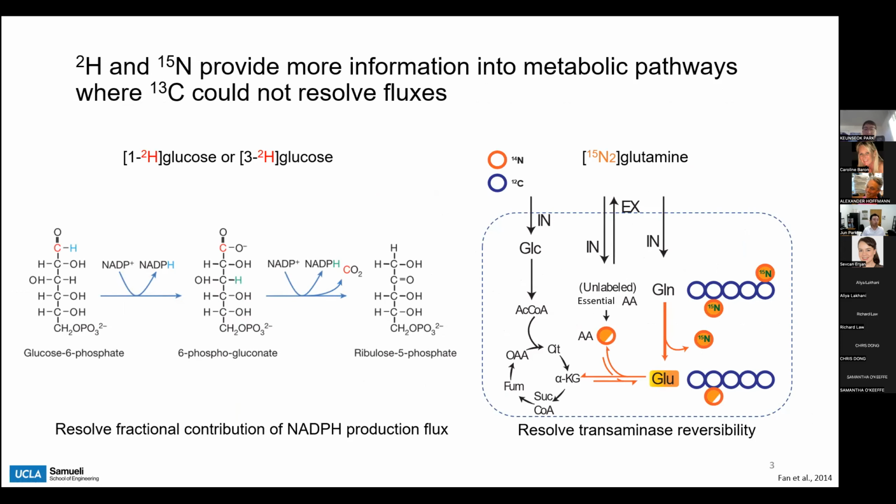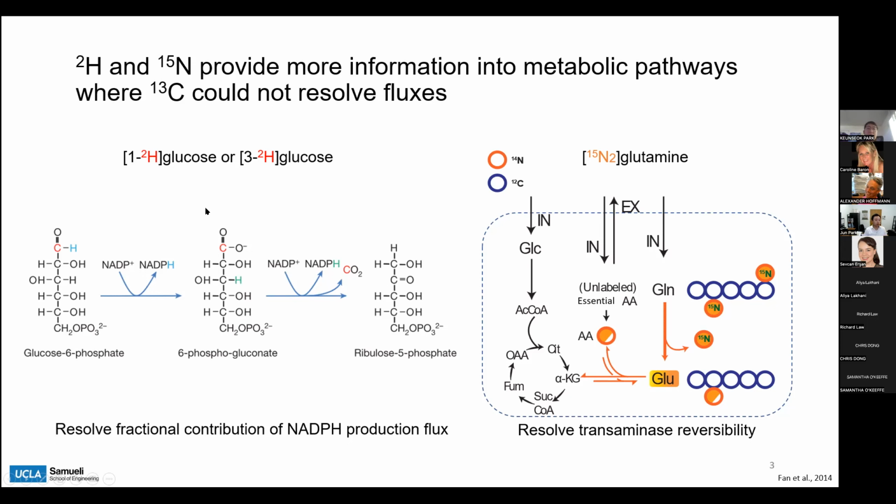Besides 13C, deuterium and 15N can also provide more information about a metabolic network. For example, 1-deuterated glucose and 3-deuterated glucose can travel through the oxidative pentose phosphate pathway to generate NADPH.